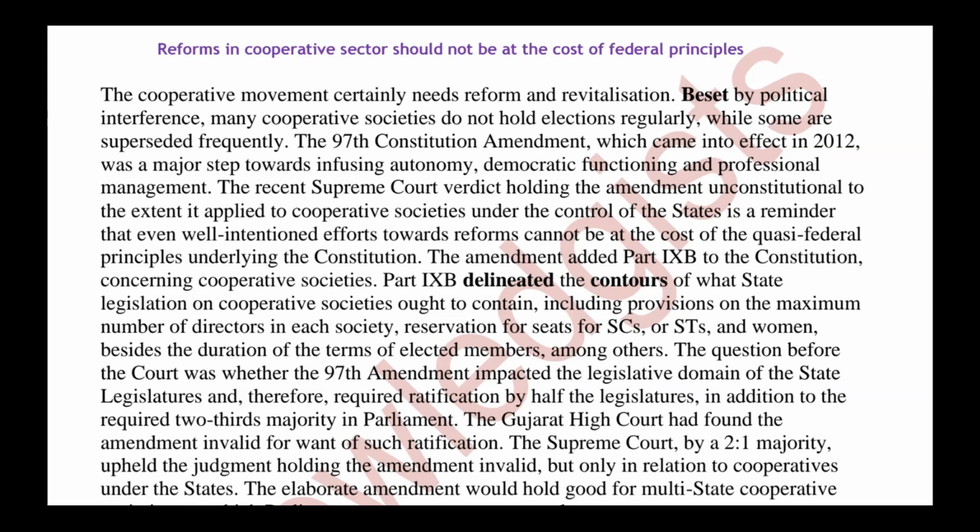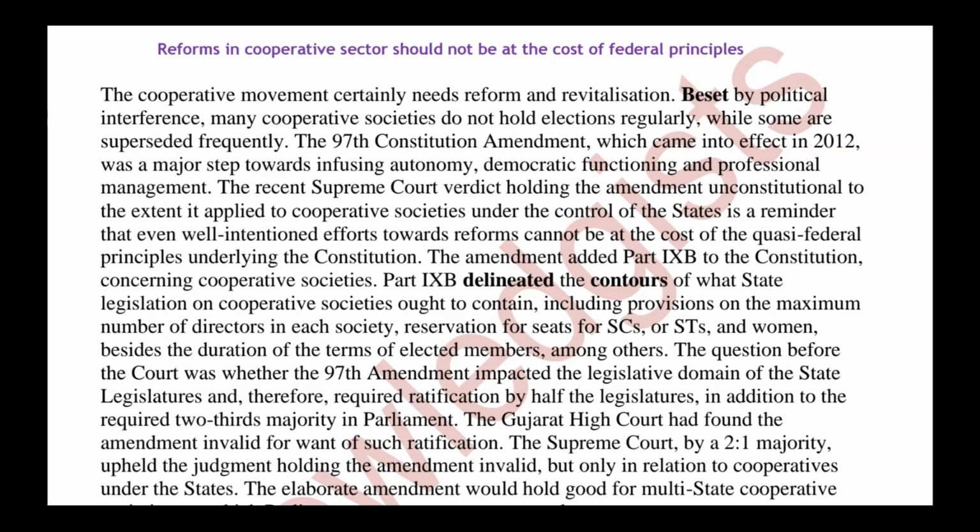Beset by political interference, पॉलिटिकल इंटरफेरेंस के कारण मतलब उसके दबाव में आके many cooperative societies do not hold elections regularly, while some they used to supersede frequently, means they go on replacing these things frequently.